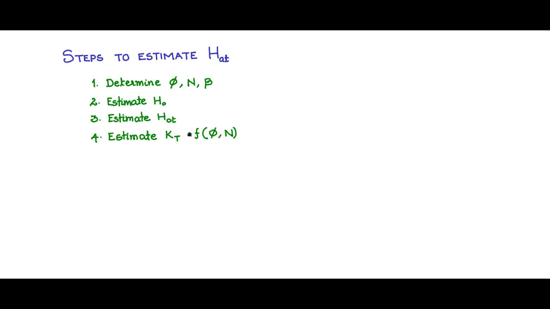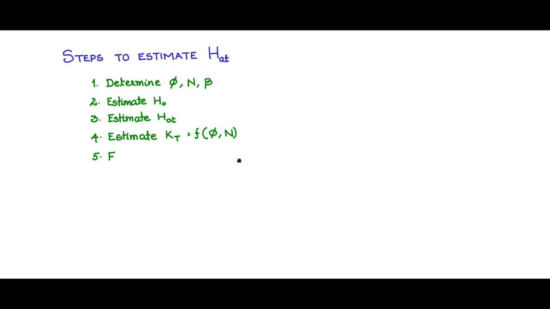We need to discuss this, but for now consider that KT can be estimated, and it is a dominant function of latitude and the day number. It can also be a function of latitude, day number and water vapor, but I will discuss that later. But for now, let us say KT needs to be estimated from these input values.